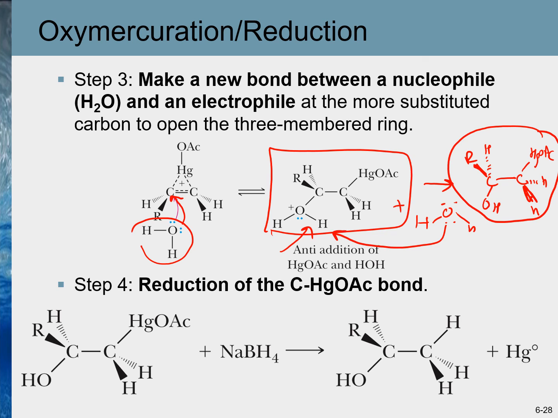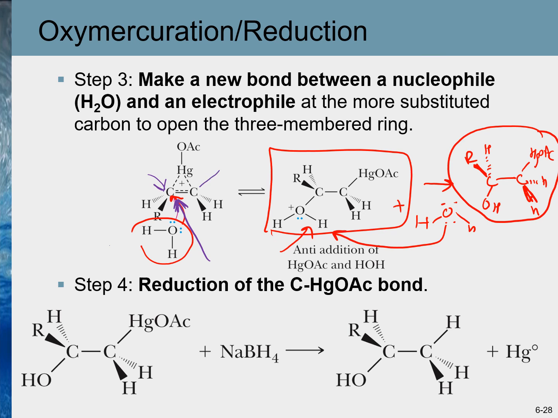We account for the regioselectivity of oxymercuration reaction, that is the attack of water nucleophile on more substituted carbon atom, exactly the same way we accounted for in case of halogenation reaction.